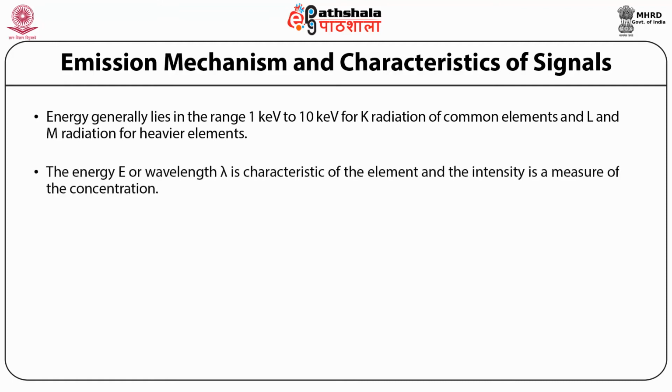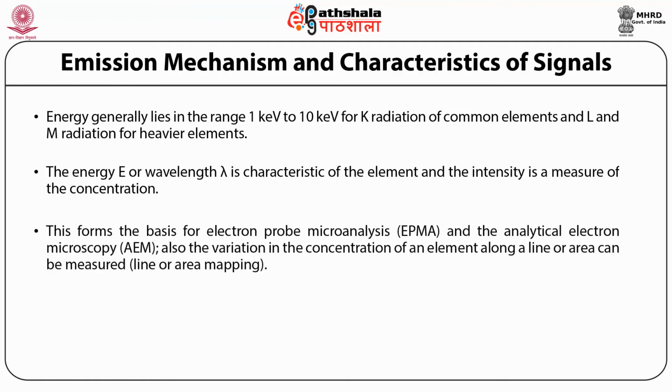The energy E or wavelength lambda is characteristic of the element and the intensity is a measure of the concentration. This forms the basis for electron probe microanalysis (EPMA) and analytical electron microscopy, that is AEM. Also, the variation in the concentration of an element along a line or area can be measured, which is called line or area mapping.